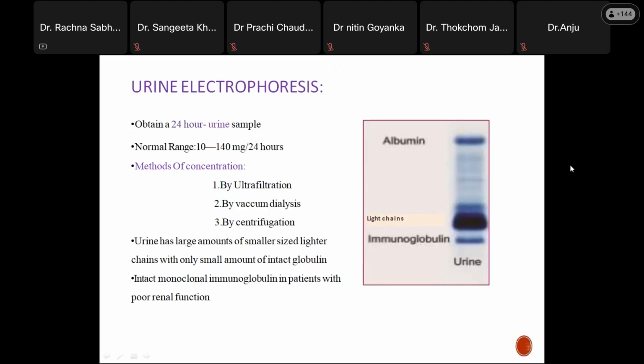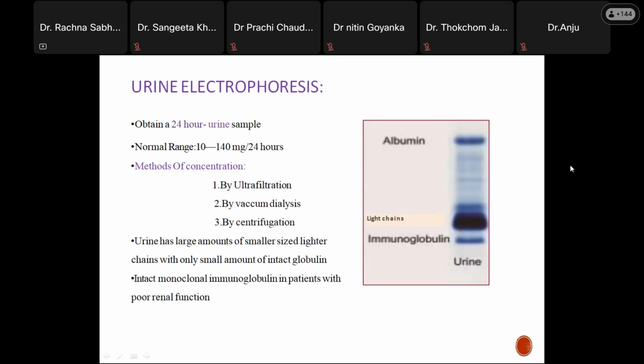Basically, to conclude, whenever we are performing serum protein electrophoresis, we have to perform urine electrophoresis and we have to perform immunofixation. An additional point to consider is the size of the M-spike.